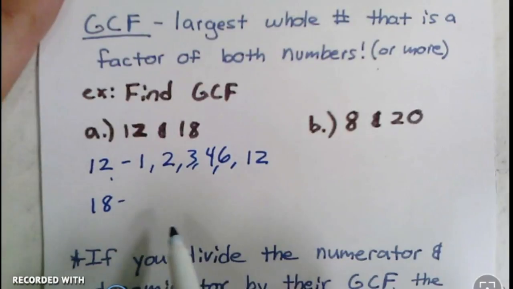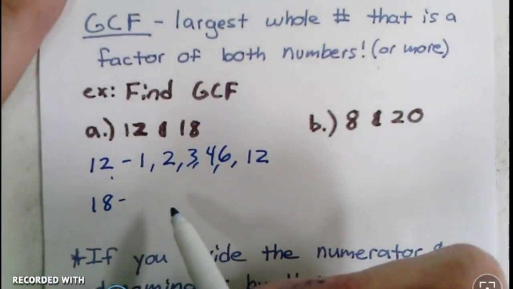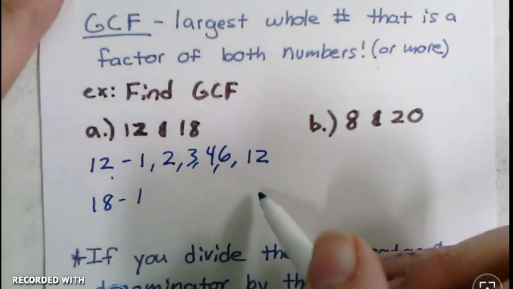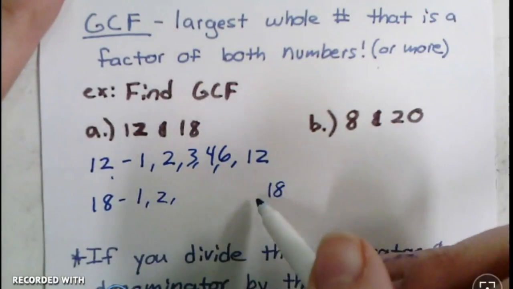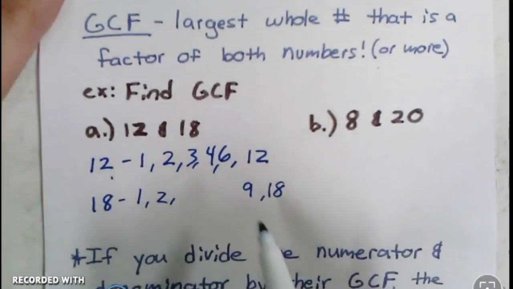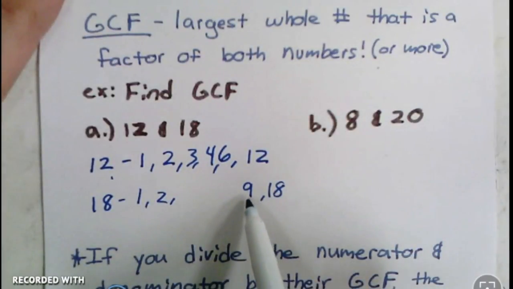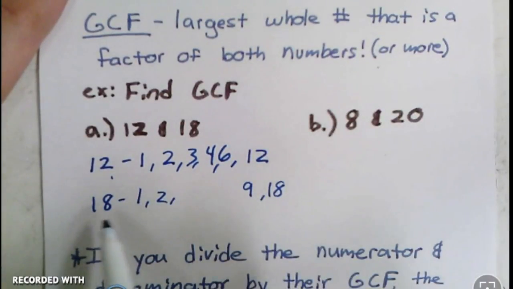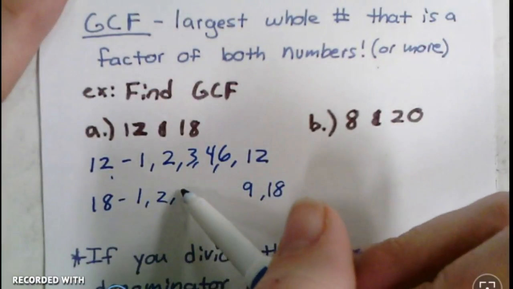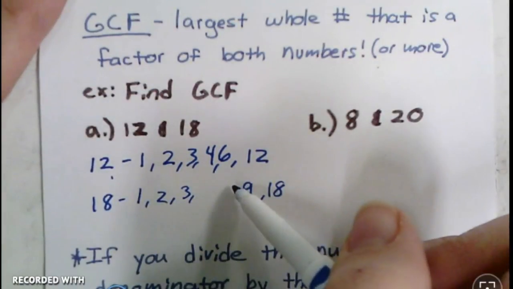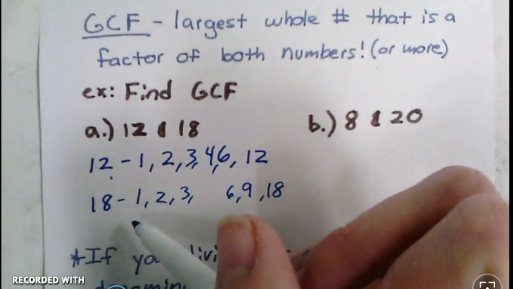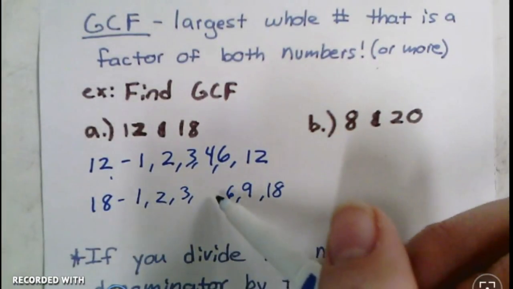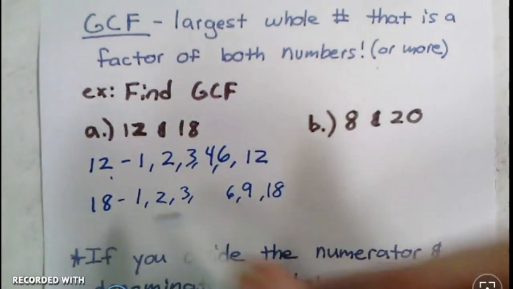If you want, you can pause the video and check to see if you get all of them. So 1 times 18, 2 times 9. And that tells me that there are no factors between 9 and 18 that would go evenly into 18. 3 times 6, and 4 isn't, 5 isn't, so then I know that I got all of them.